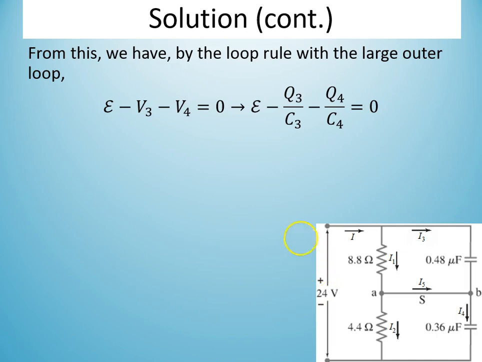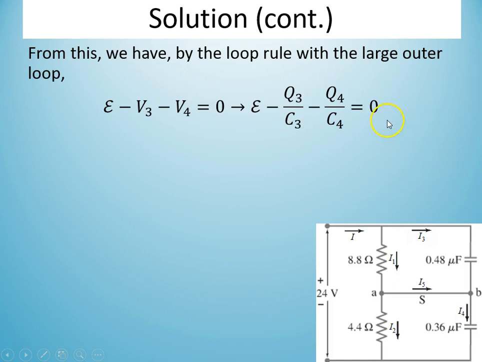Now, remember that the definition of capacitance is charge per unit voltage, so C equals Q over delta V. So that means that delta V is equal to Q over C. So each of these potential differences, which we're just calling V, is equal to that charge divided by that capacitance. So we're going to plug that in here. Now, we really don't care about these charges on these capacitors at this point. We do care about the currents, though.